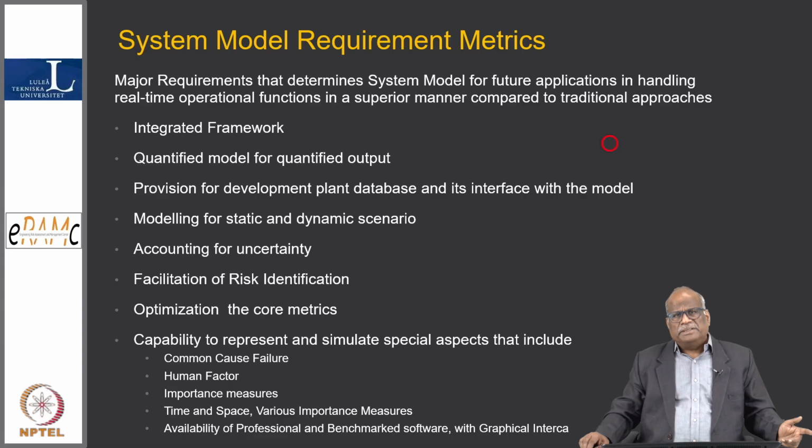If I multiply their independent probabilities, let's say I assume 10 to the power minus 3, then the failure probability of the system they comprise gives 10 to the power minus 6. Now if I use a common cause factor, it might come to 10 to the power minus 4 or 10 to the power minus 5, but definitely it will not be 10 to the power minus 6, depending on what common cause factor we have taken.